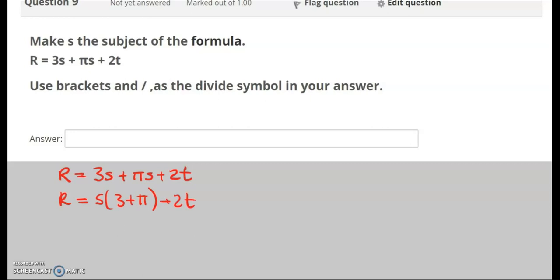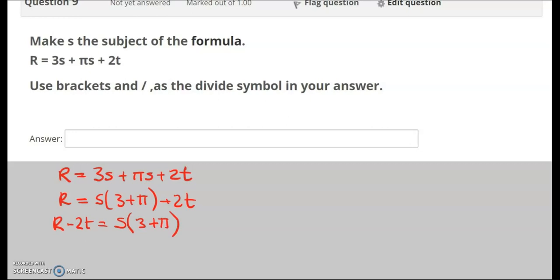So now we've got to take 2t to the other side first, because BIDMAS tells us that we need to multiply. So S times 3 plus pi would come first, and then you'd add. But in algebra, you reverse the process, so you're going to have to take away the 2t. So I'm going to do R take away 2t is equal to S times 3 plus pi.